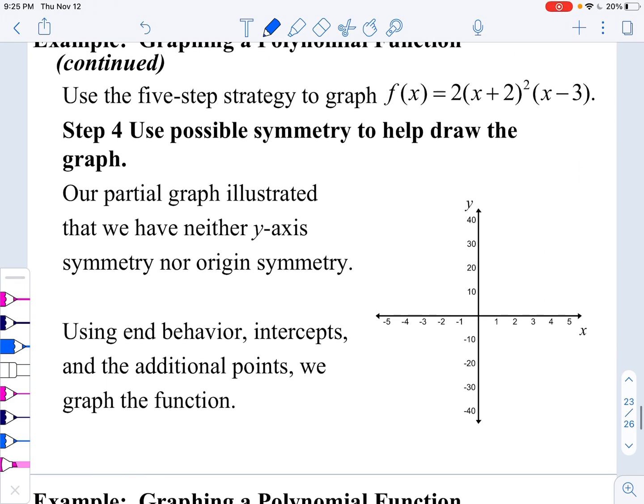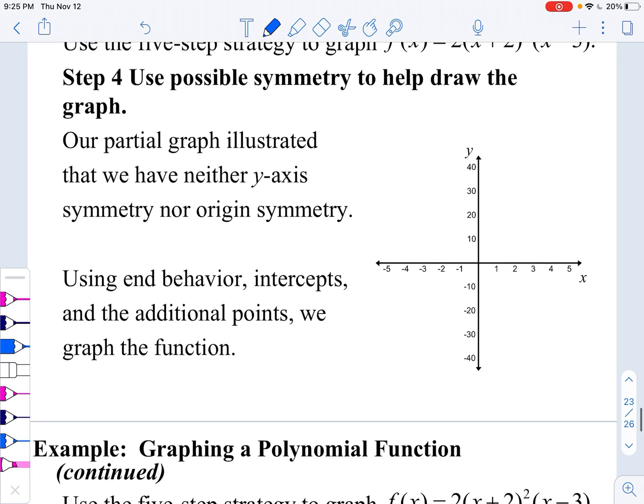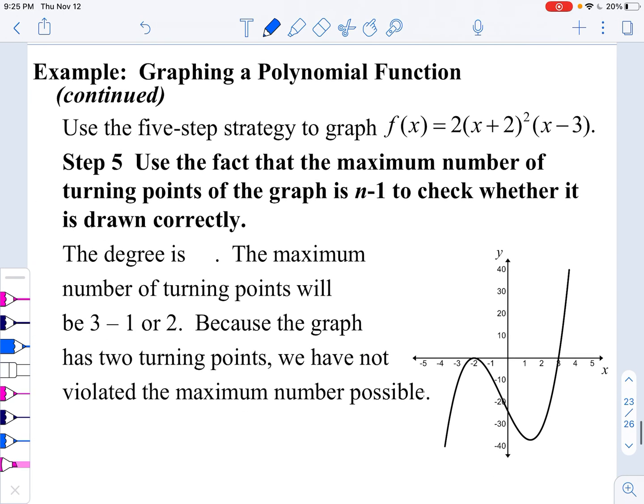So it says using end behavior, intercepts, and additional points, we're going to graph the function. To save us some of that, we had already had our intercept at -2. We had our intercept at +3. We had our intercept at -24. And then those other ordered pairs that we had: we had 1, and it was -36, and we had 2, and that was -32.